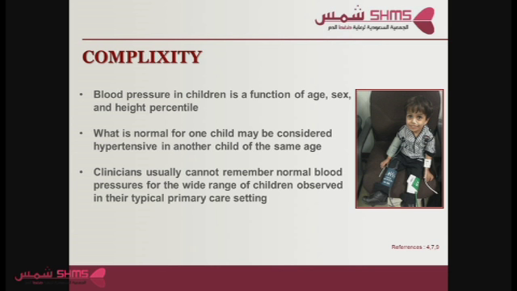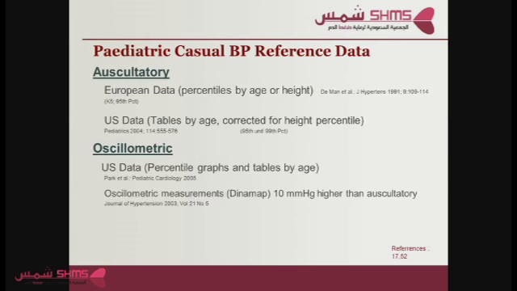So blood pressure in children is a function of age, sex, and height percentile. So what is normal for one child may be considered hypertensive in another child. Clinicians usually cannot remember normal blood pressure for the wide range of children observed in their typical primary care setting.